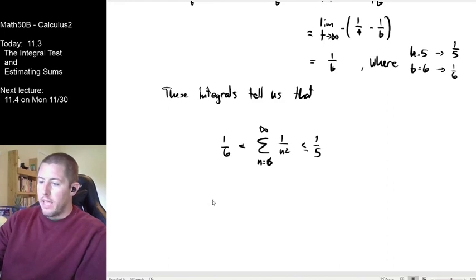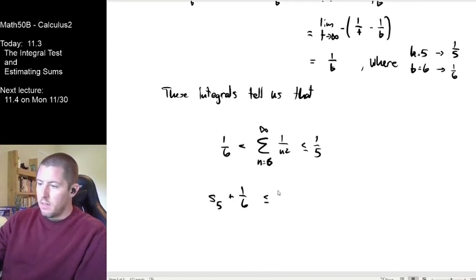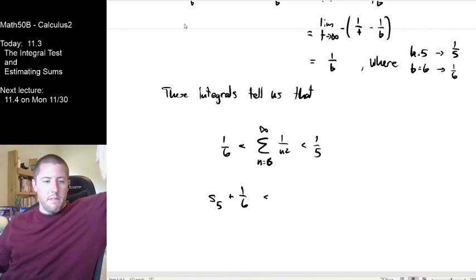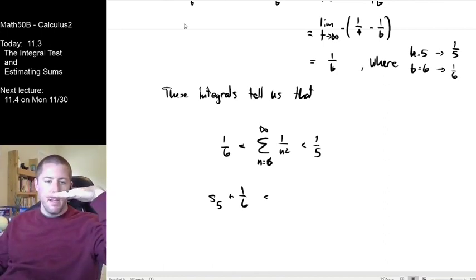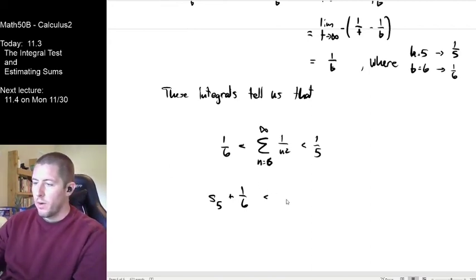What I now want to say is S sub 5 plus 1/6 is less than, and another thing I know is that these are not equalities right there, because the only way they'd be equalities is if our curve was literally flat. Otherwise, every single bit of our integral is going to be off by a little bit from our rectangles. So there's no way that we're getting equality here.